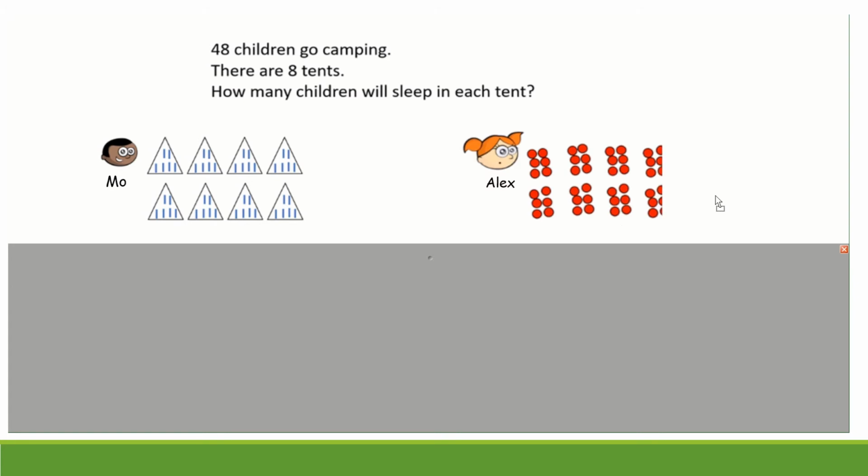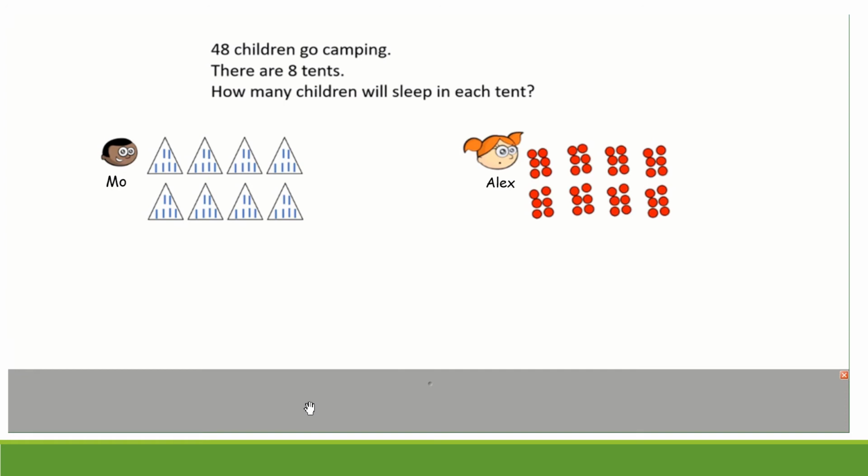Let's see. Alex again has used counters, but this time she shared them equally into 8 groups, and you can see that there are 6 in each group, so she also knows that the tent will sleep 6 children. And let's see what Tommy has done.